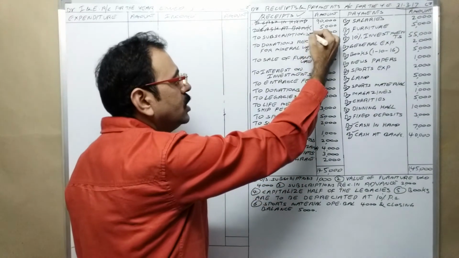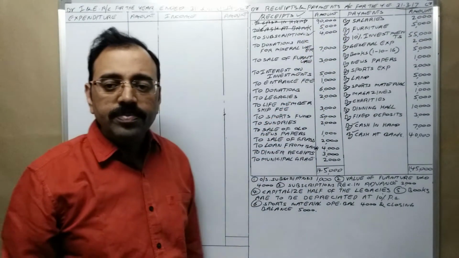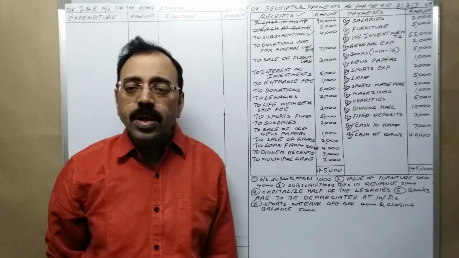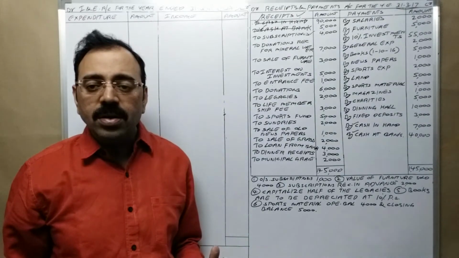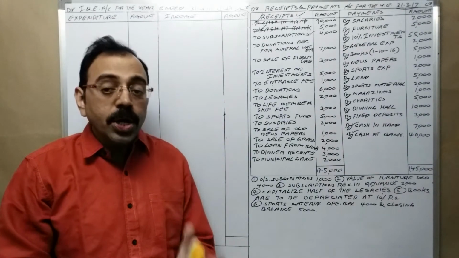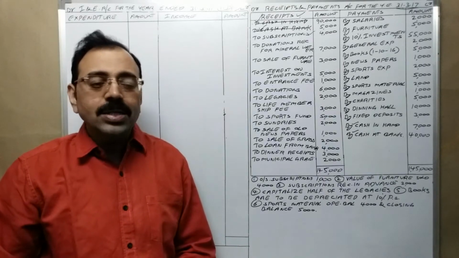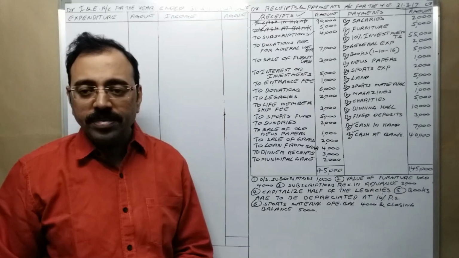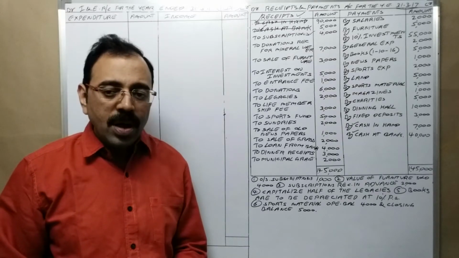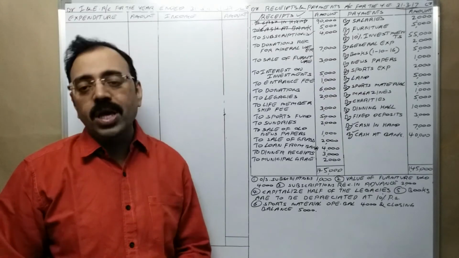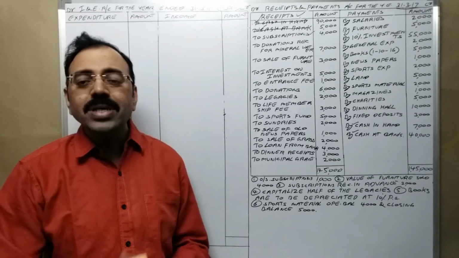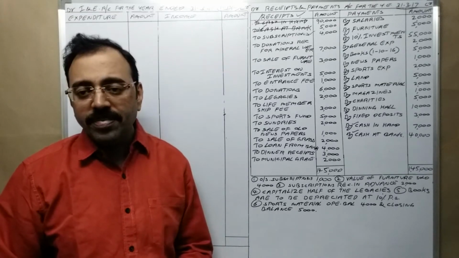Next item is subscriptions. Subscriptions means what? In our non-trading concern, when a member wants to continue his membership, then every year he has to pay subscription amount to us. It is an income and it is a revenue income. Why? Because again and again it is coming.